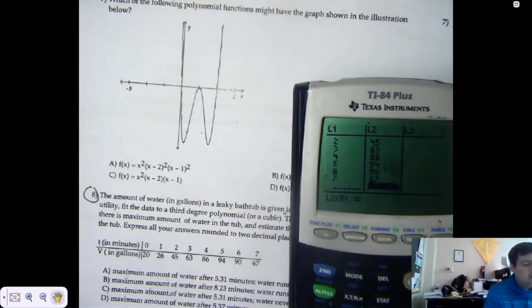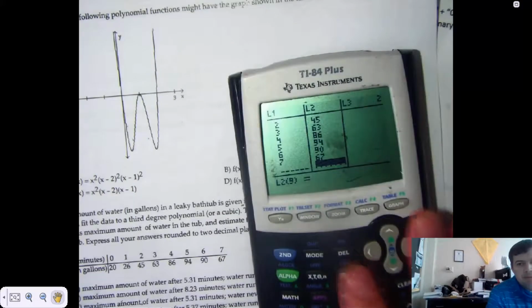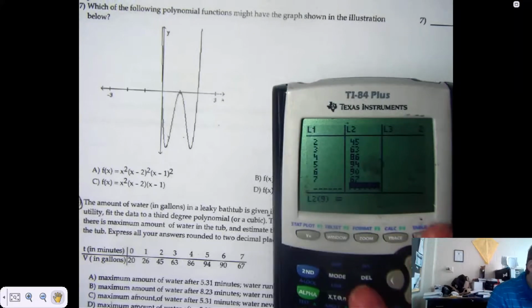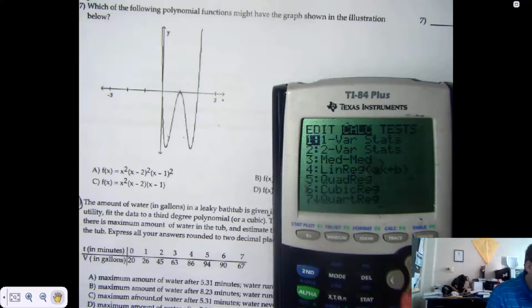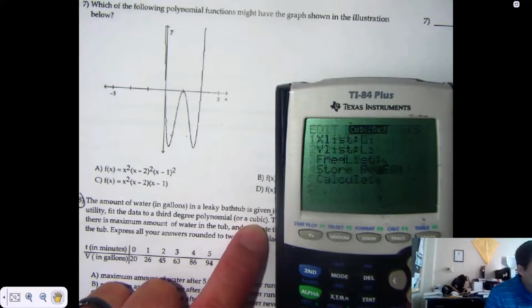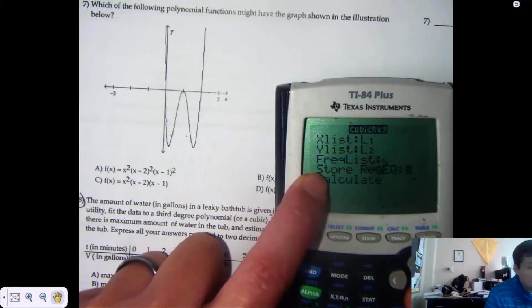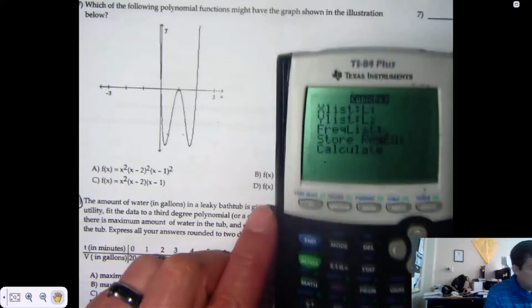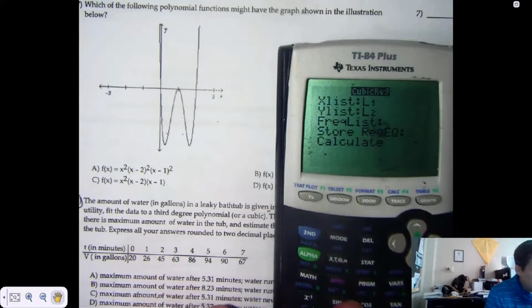And this calculator lets me do something a lot of calculators don't do. So I'm going to do it this way. Stat calc, it talks about a cubic function, so cubic regression. This calculator has a cool little feature there at store. I'm going to store it somewhere.